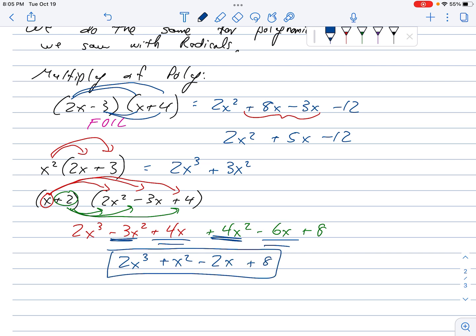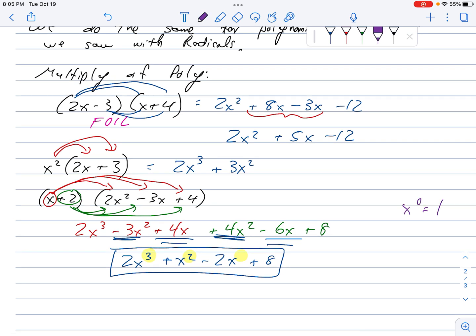Just looking at this now, we'll get familiar with it, but I have my descending order where I have a third power, a squared power, a first power, which obviously we don't see there, and then a 0 power, right? We know that x to the 0 is 1, so like my x to the 0, it's not there. 8 times 1 is just 8, it's really not there. And that's how we always want to write it, in descending power order.